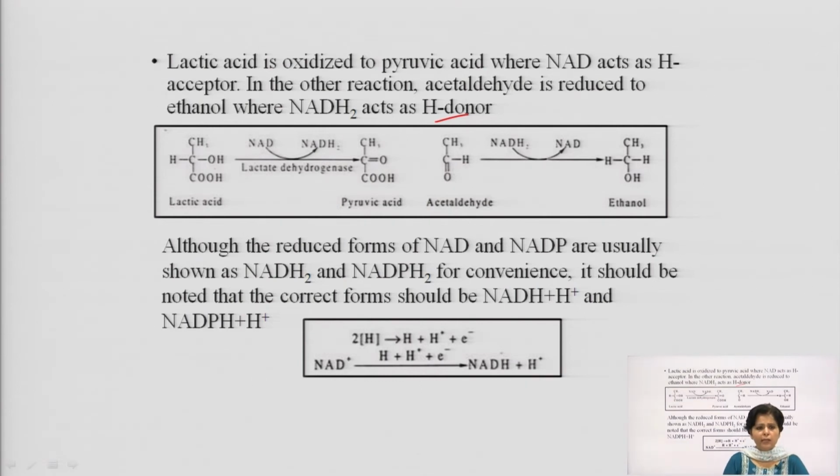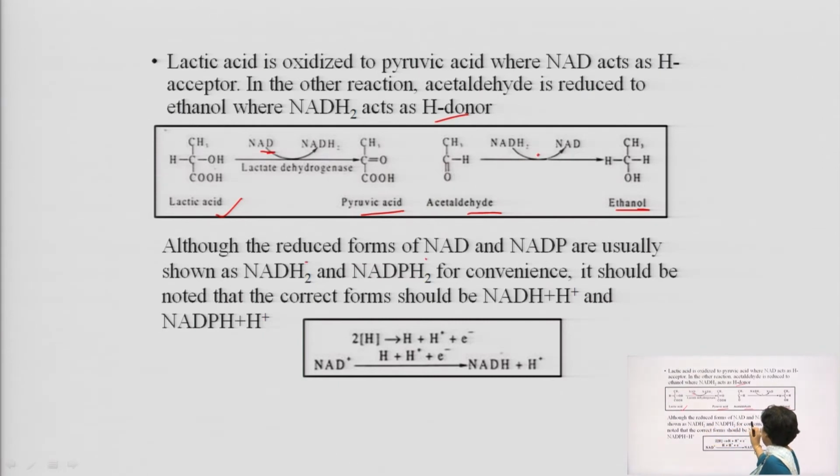It works according to the requirement. Here you can see the lactic acid is oxidized to pyruvic acid, where NAD acts as a hydrogen acceptor. In this other one, aldehyde is converted into ethanol and NADH2 is a hydrogen donor.